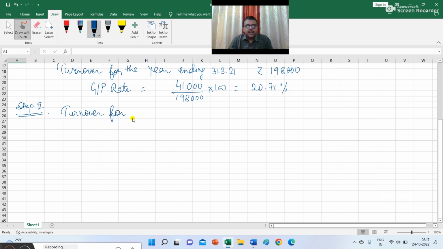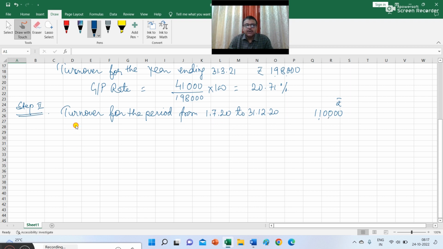Please note this statement carefully. This is the turnover for the period from 1st July 20 to 31st December 20, which is given as 1,10,000.